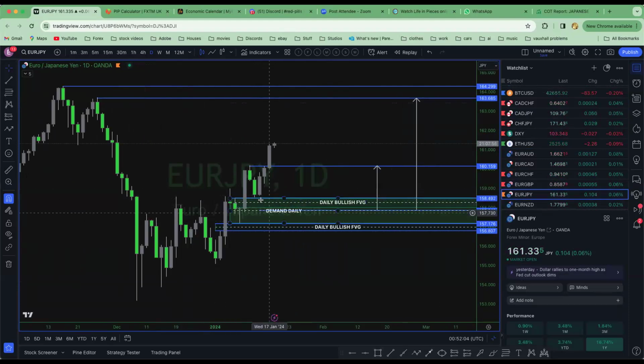I never actually entered because I wanted it to pull back a little bit more to give me a smaller stop loss, but it did actually pull back. It was on the daily demand from market open, so I could have actually entered this trade. The only reason I didn't is because my stop loss, based on here, would have been bigger, and I didn't want my stop loss to be that big.